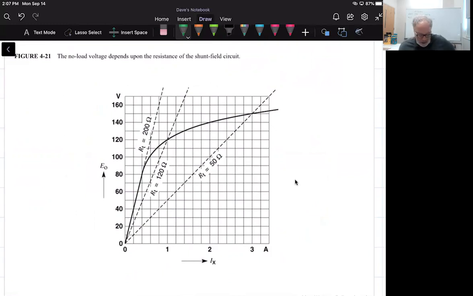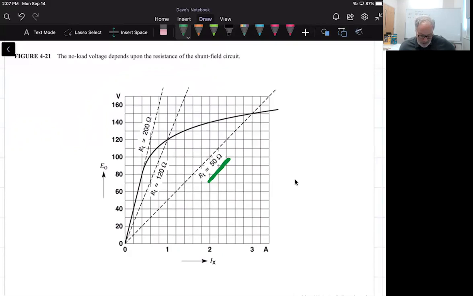So what he's saying in our particular case is the shunt field has a resistance of 50 ohms, and we plot that straight line of 50 ohms, which is voltage divided by current, Ohm's law.